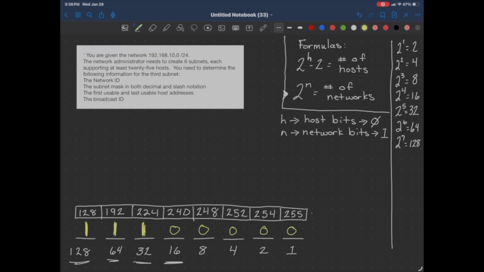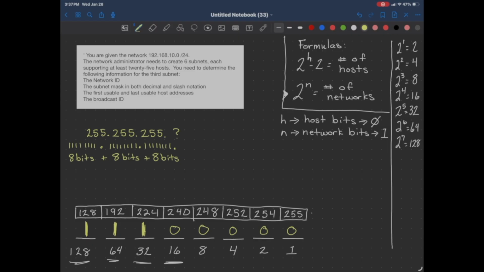If we use our table here, we can see 3 ones, which is a /27, because we have 255, 255, 255, and that equals 24 bits in our subnet mask, right? Because we have 8 bits and 8 bits and 8 bits, and 8 plus 8 plus 8 equals 24.